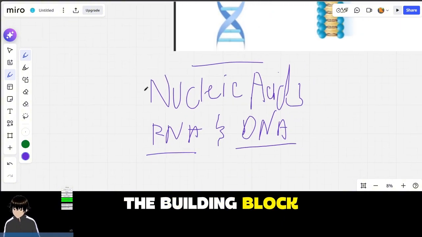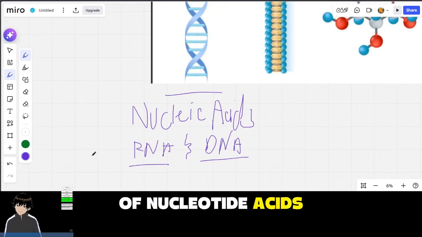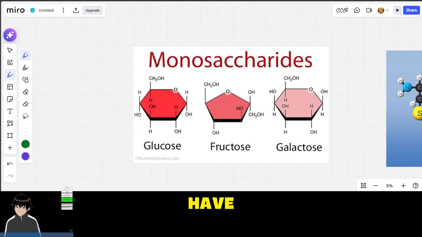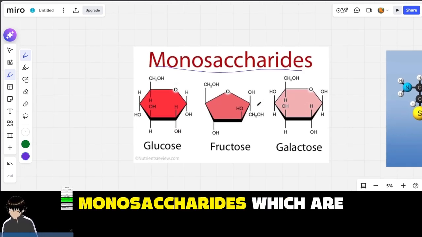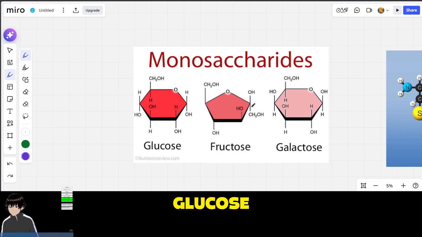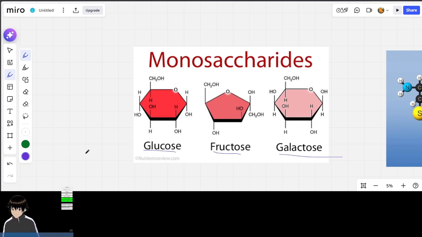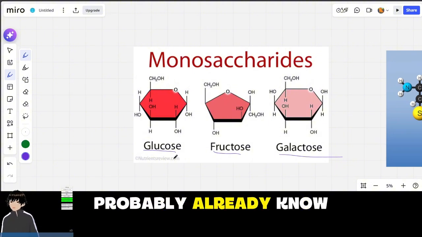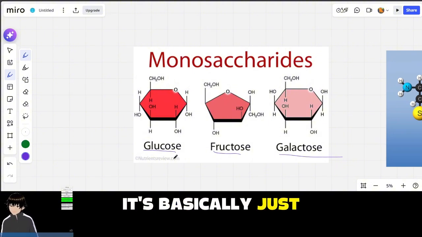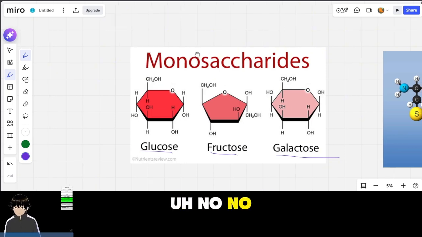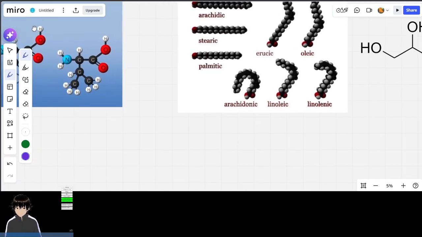So what is the building block of nucleic acids? Well, we have the monomer of monosaccharides, and we have three common monosaccharides, which are glucose, fructose, and galactose. You probably already know what glucose is. It's basically just sugar. Okay, so no, let me just.